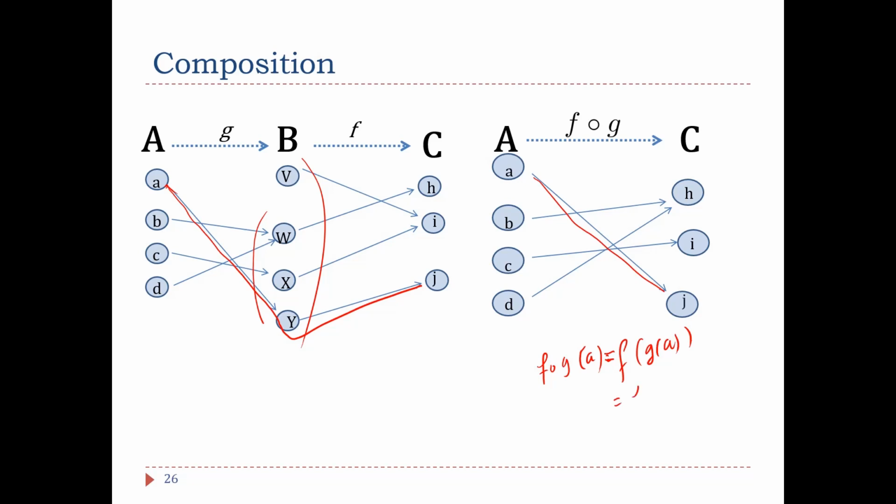Well, g of A is equal to Y, and f of Y is equal to J. So this is why f round g of A is equal to J. And you can do the same for all the other elements.